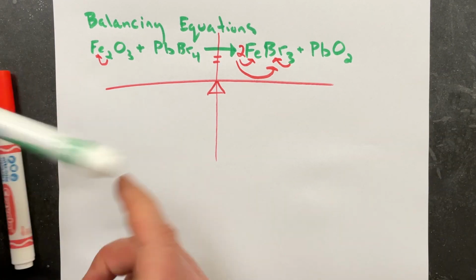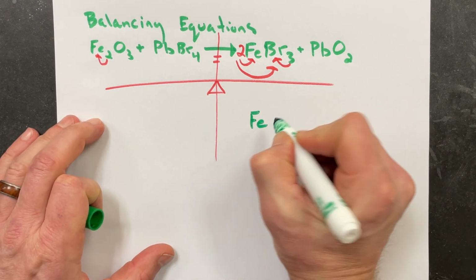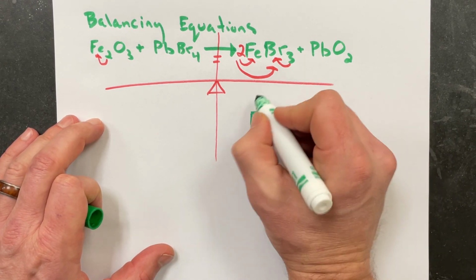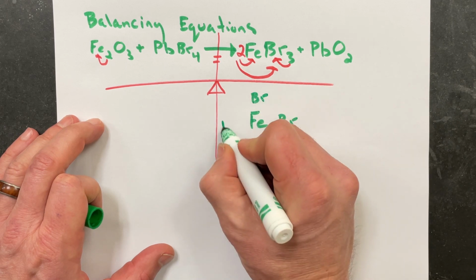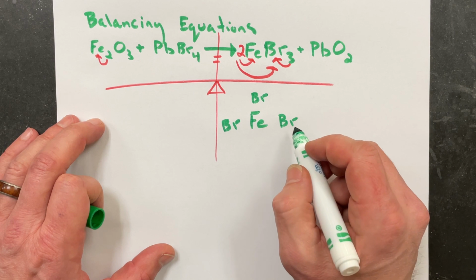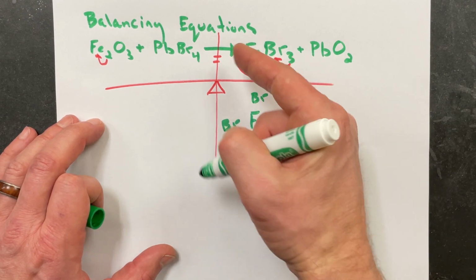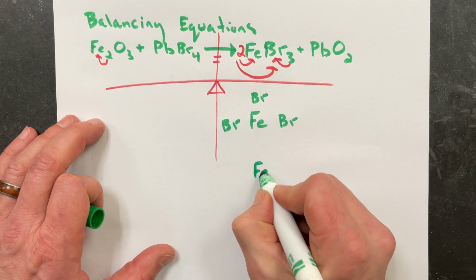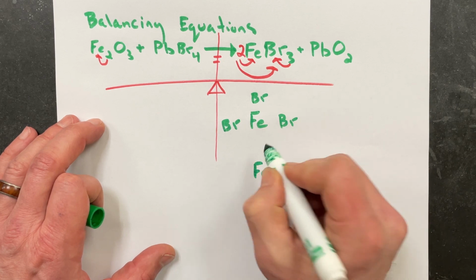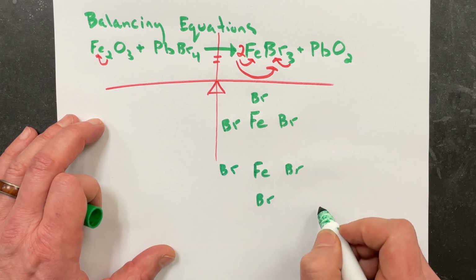And the visual of this sometimes is helpful just to see what we're talking about. We have iron, and this probably wouldn't be the shape that it actually makes, but we have 3 Brs that are these negative anions surrounding our positive iron here. And we just said we have 2 of them. So iron, Br, Br, Br.